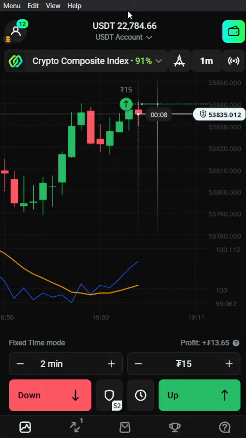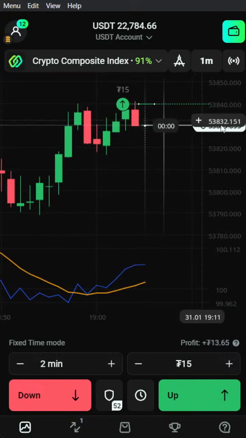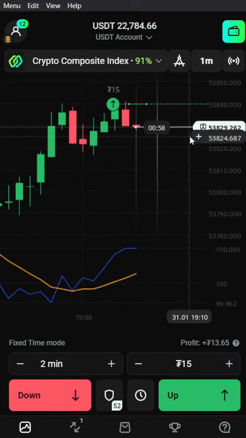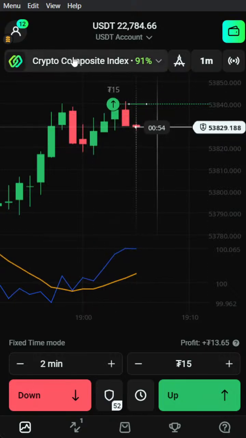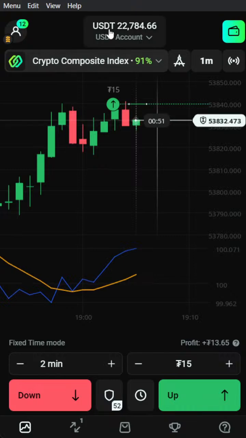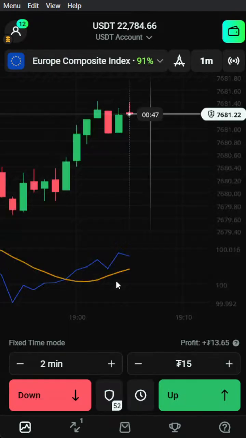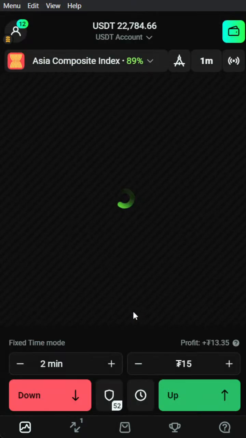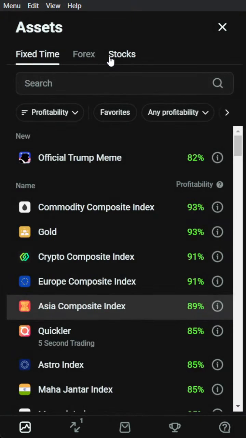Okay, I started at 22,769, and right now I am at 22,784. So if I win this trade, which I am doubtful about, but it can happen, obviously nothing's impossible. If I win this trade, great, but we still have that $15 to come back, right? So we'll wait until after this trade. We will decide where we currently are, whether we have recovered, we are in losses, or we are in profits. We will be able to do that after this trade.